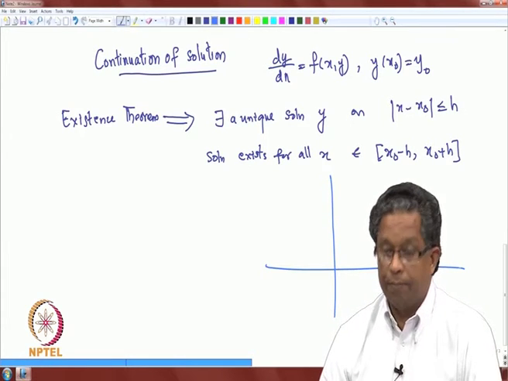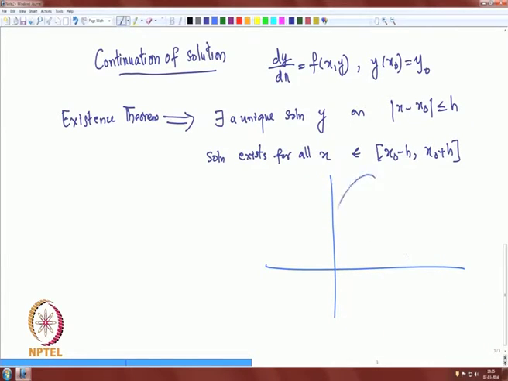So graphically, we have the domain D, and inside the domain we have a rectangle R, and the initial point x 0, y 0 is inside the rectangle. The existence theorem says that the solution exists to the right and to the left, up to x 0 plus h.